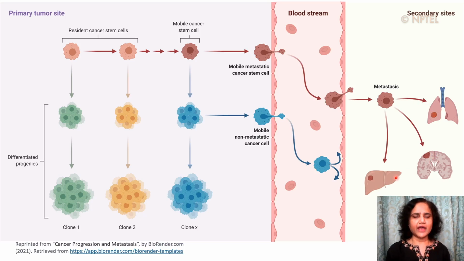And of course, they have the potential of self-renewal and also producing the cancer cells. So if these cells escape from the normal tumor and reach a different site, then they can produce a secondary tumor or a metastasis.